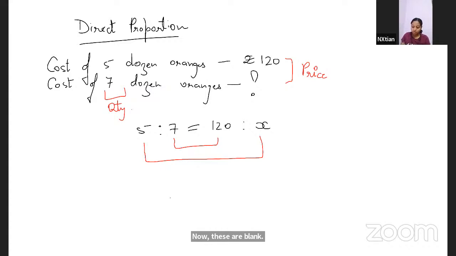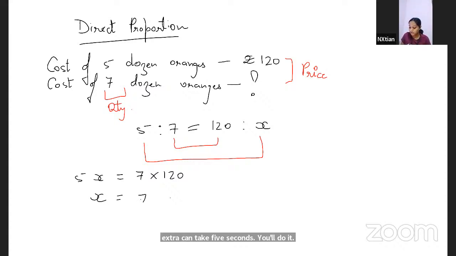Now we multiply the means and the extremes. Okay. So it becomes 5 into x, 5x equals 7 into 120. Now, x I can take, 5 I can take below it. I can make it 7 into 120 divided by 5.